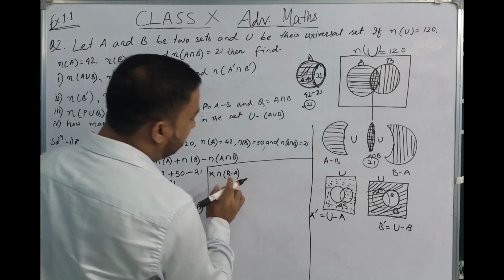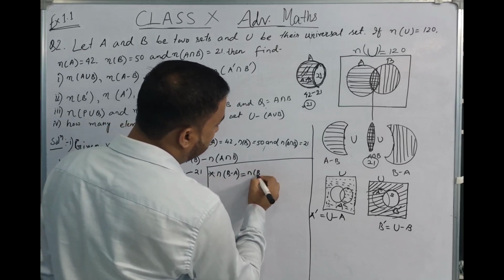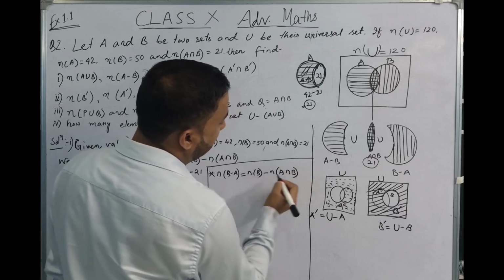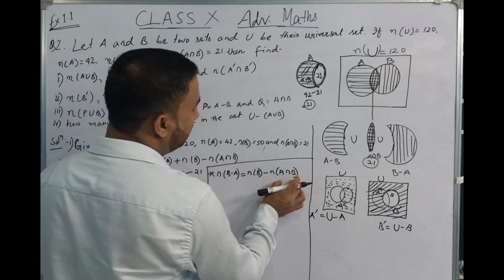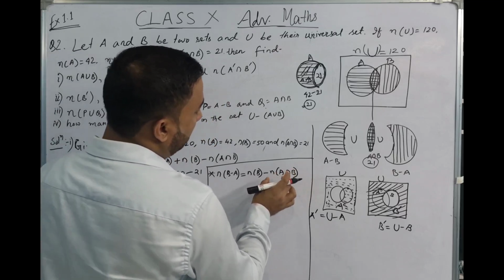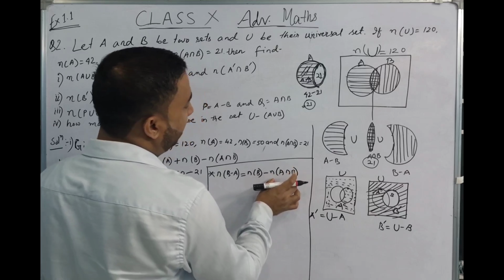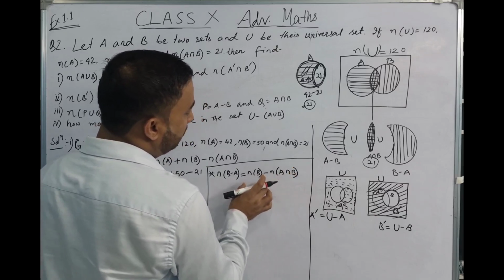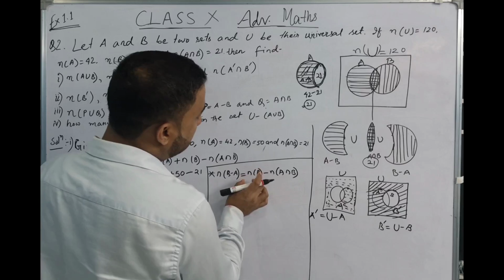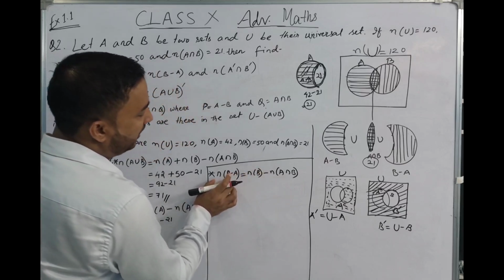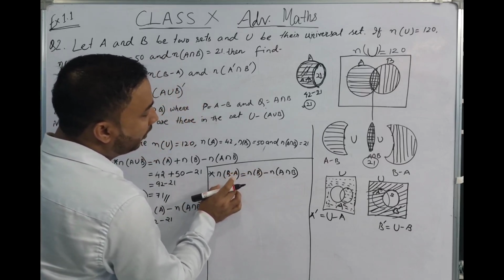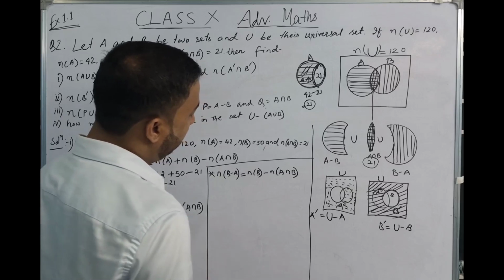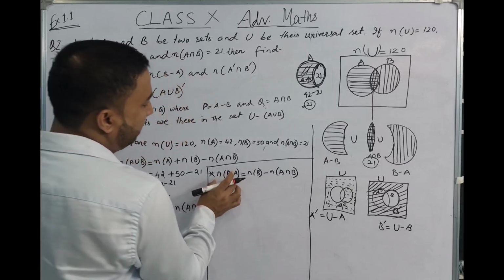And the number of B difference A will be equal to the number of B minus the number of A intersection B, which is common to both A and B. You should not consider the elements common to the sets A and B. Only take the elements which are exclusive to the set B. That means the elements in B difference A will be only in B. They will not be elements of any other set.